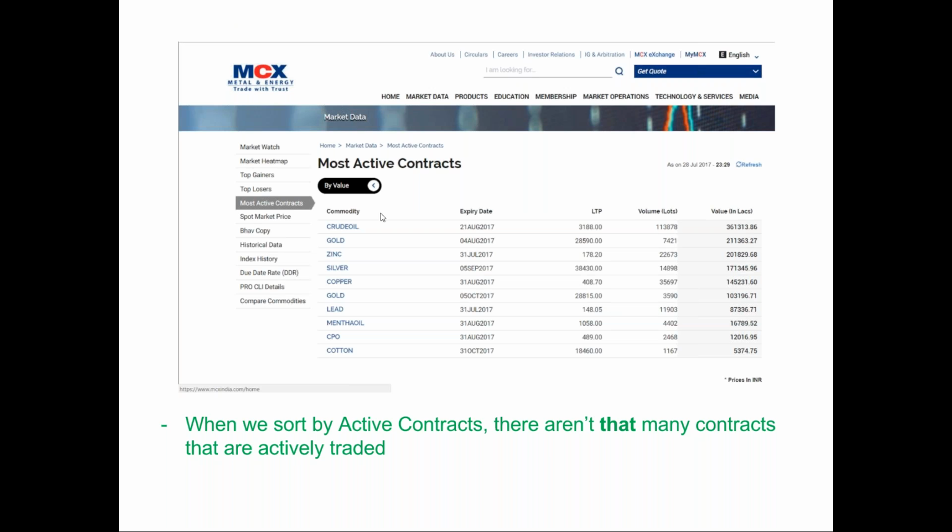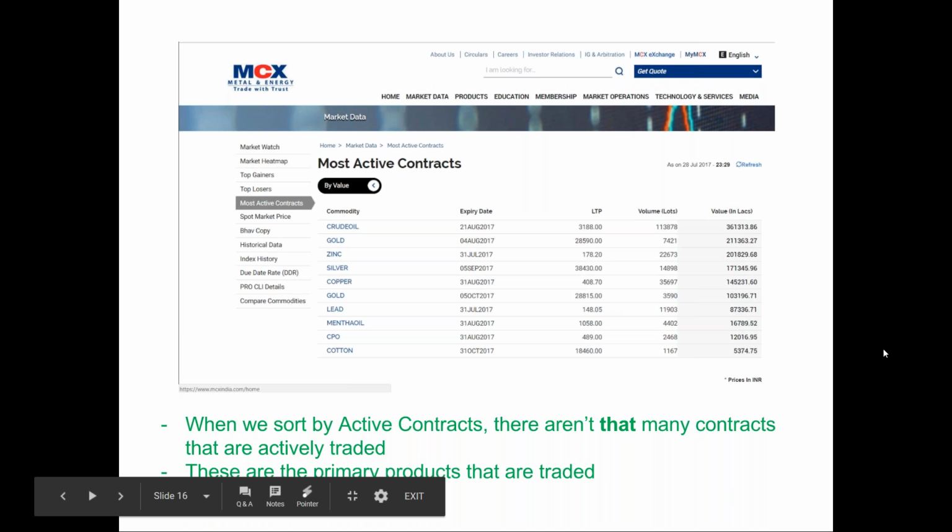Now, the thing about gold mini and crude oil mini is I'm sorting this by value, right? So if I was to sort it by volume, they would show up here. But my point is there aren't that many products that can actually be traded realistically. I mean, you can, if you want to hold on to it for the longer term, you can do that. But I'm talking about actual trading. There aren't going to be that many.